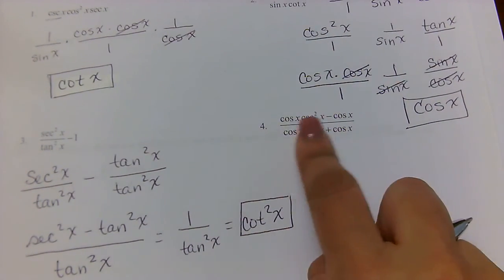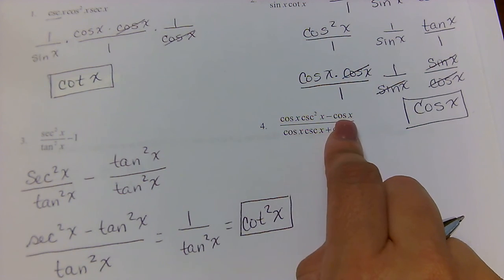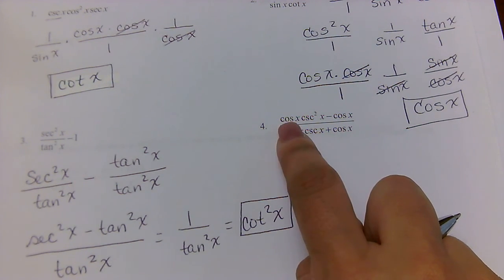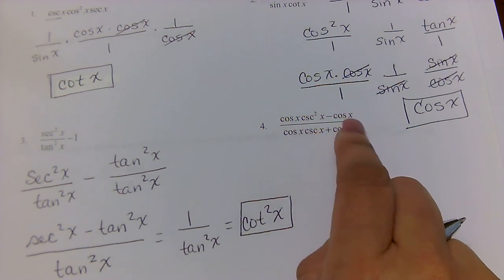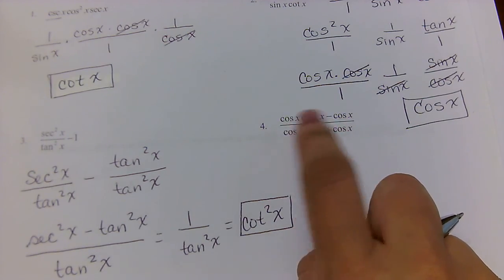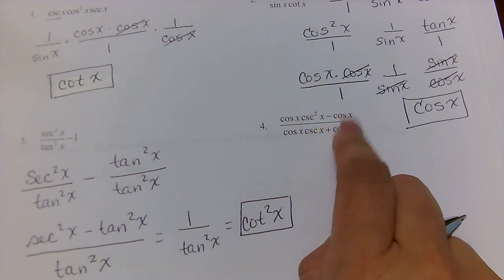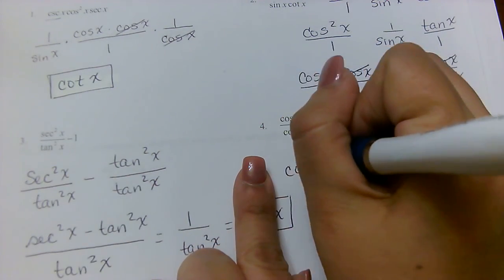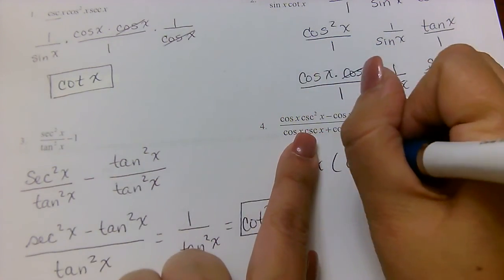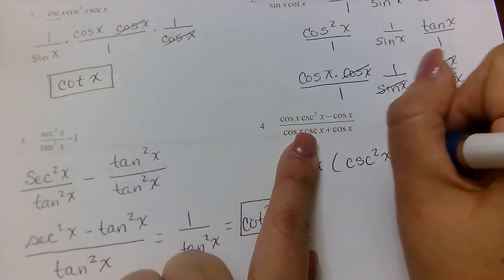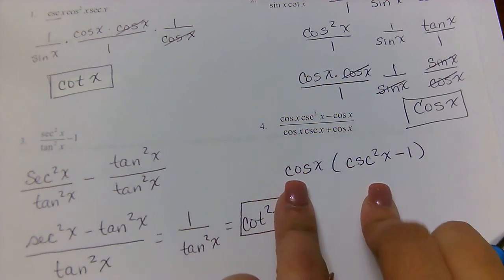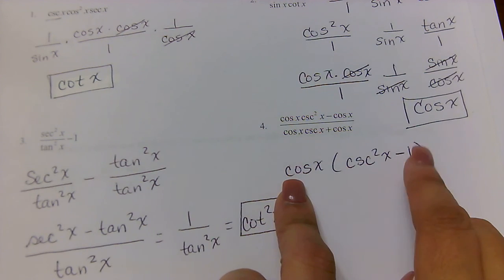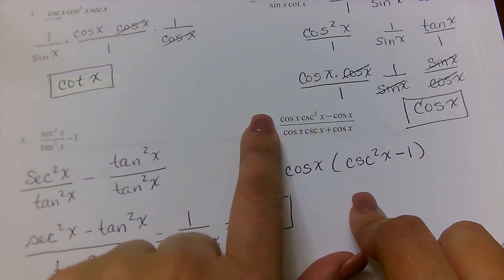Okay. For number 4, what we're trying to do is factor out something that's in common. If you look here, you can see cosine is common to both of these terms. So if I factor out a cosine, I'm left with cosecant squared x minus 1. If I distribute it back in, you'll get the same thing as you have in the numerator.